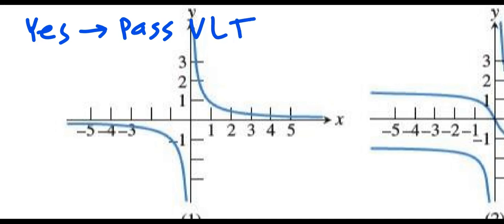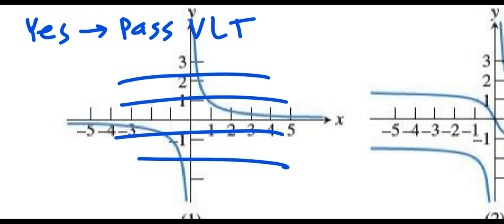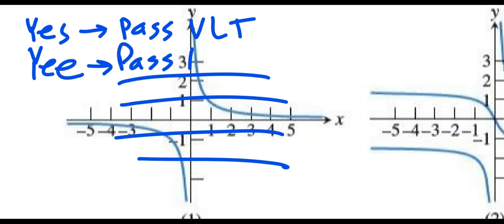How about the inverse? Will the inverse be a function? Well, I don't see any place on there where a horizontal line is hitting more than 1 point. So I think the answer is yes. Okay, passes horizontal line test.